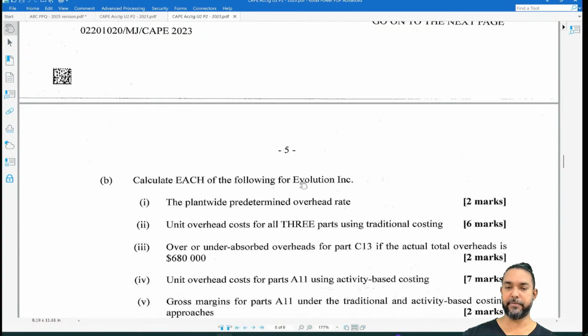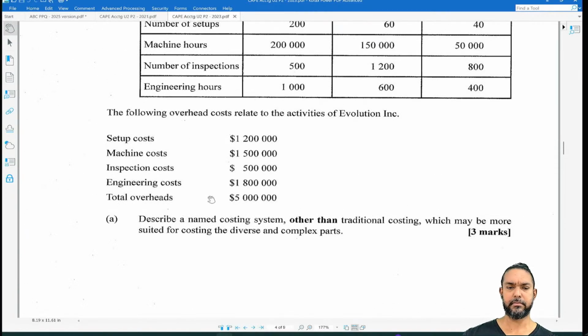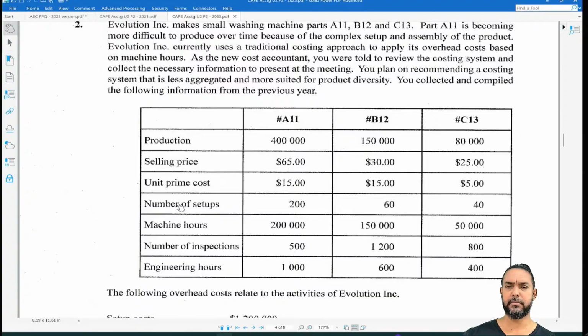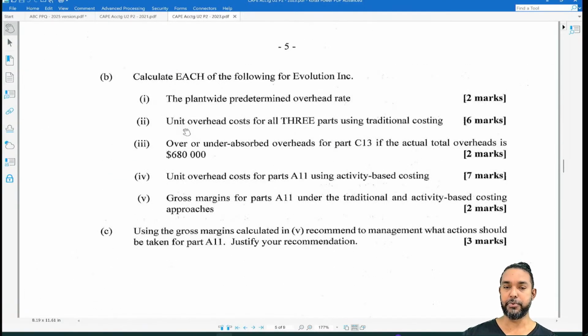Calculate each of the following for Evolution. So the plant-wide predetermined overhead rate. So that's based on the machine hours, right? That's the plant-wide rate. Unit overhead costs for all three for traditional. Right, unit overhead costs for part A11 using activity-based costing. For 7 marks, gross margins for parts.